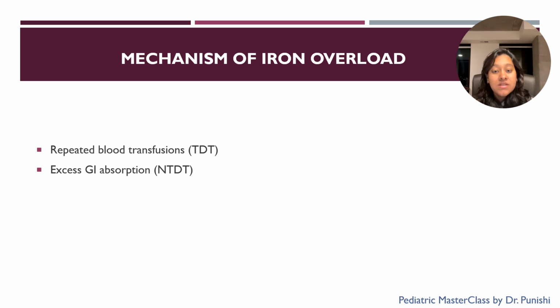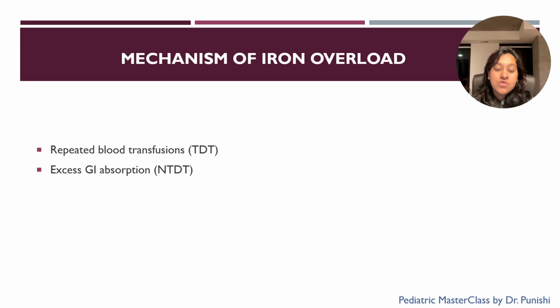Another mechanism of iron overload, which is the most common in the non-transfusion dependent thalassemics, is excess GI absorption. What happens is when there's anemia, the body senses the deficiency of hemoglobin and tries to compensate by increasing the absorption of iron from the GI tract.